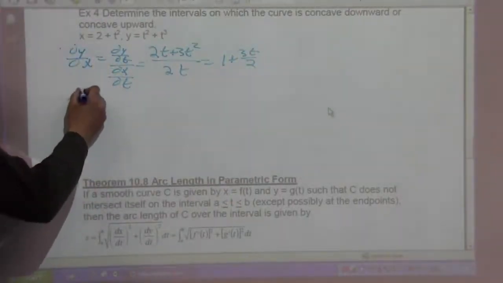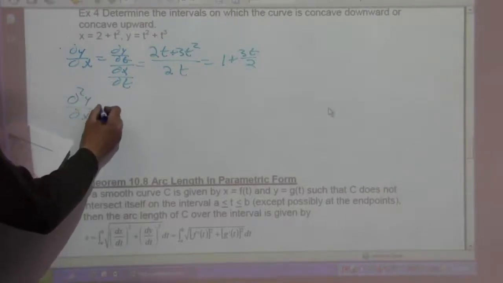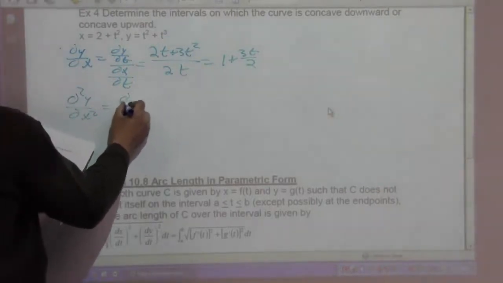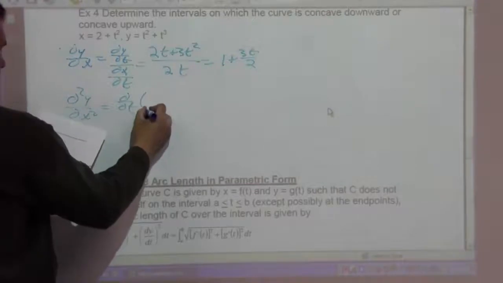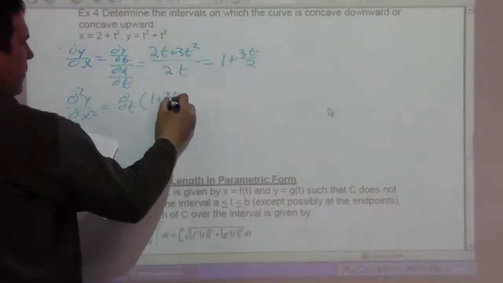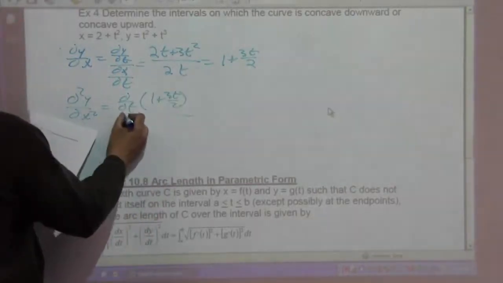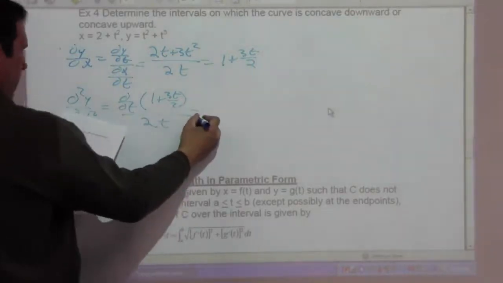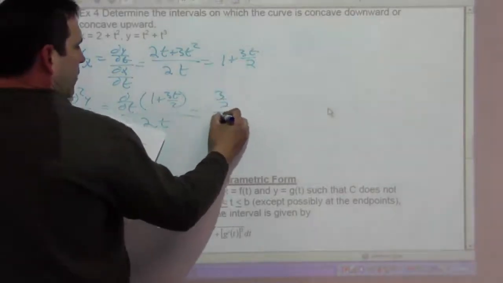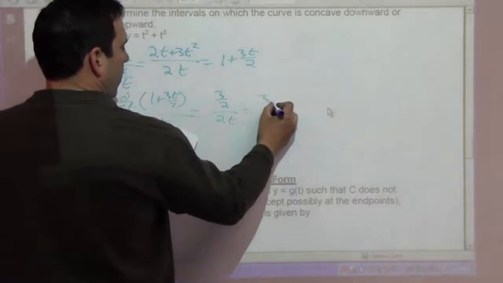So our second derivative of y with respect to x is going to be the derivative with respect to t of 1 plus 3t over 2, over 2t. And that's just going to be 3 halves over 2t, or 3 over 4t.